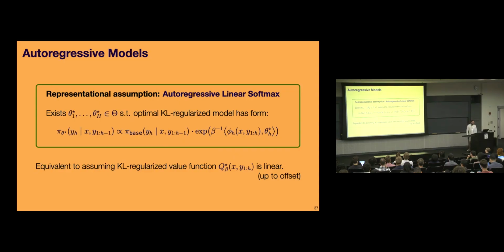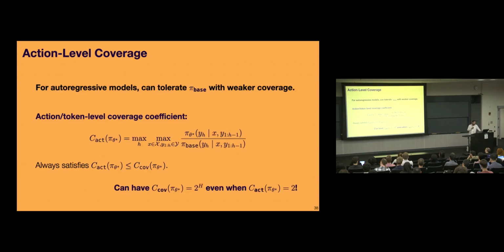And there's a sense in which this is equivalent to assuming that certain value functions associated with your MDP are linear. So you can view this as the right multi-turn analog of the linear softmax assumption.